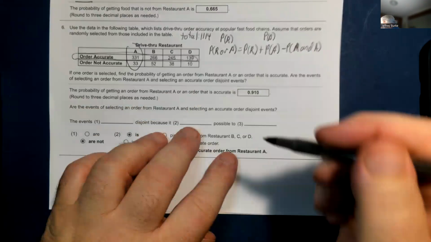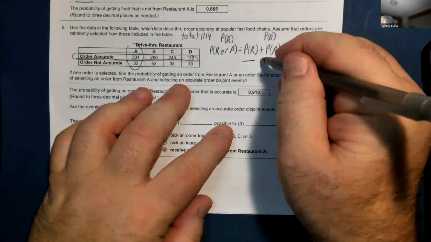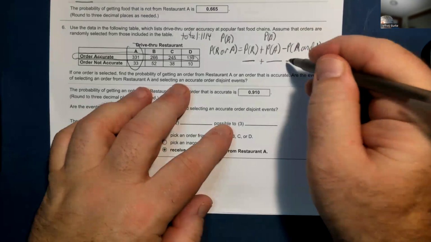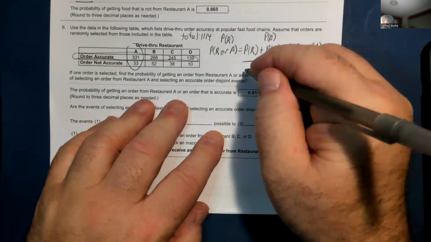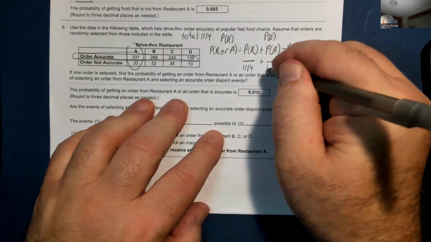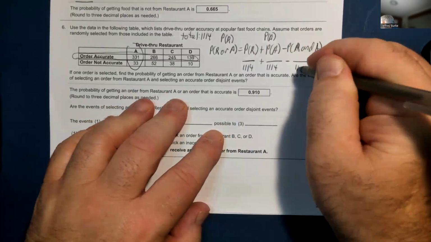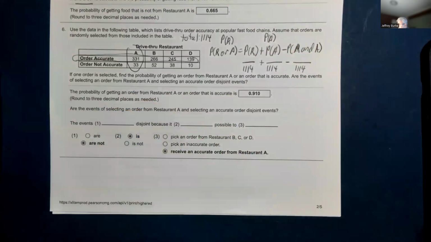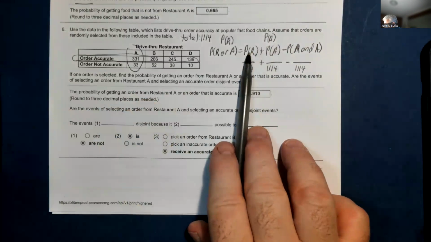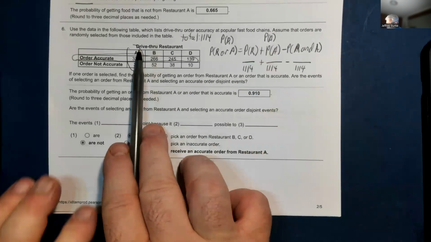So let's take a look at what happens with this. In each of these probabilities, one thing that is going to happen is that the total is going to be 1114. So write that down, get it out of the way. So what we want to do is find the number of people that get an order from restaurant A. And that's going to be determined by this column here.